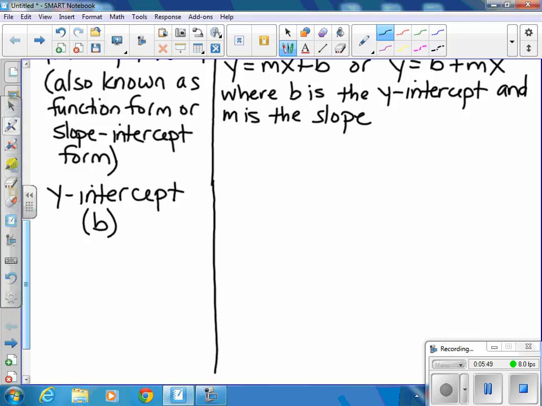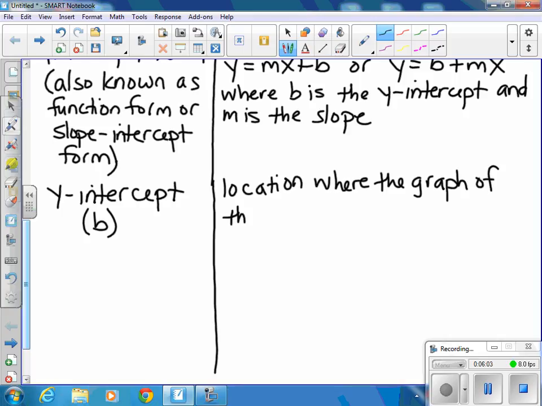The y-intercept, or your B value, is the location where the graph of the line crosses the y-axis.